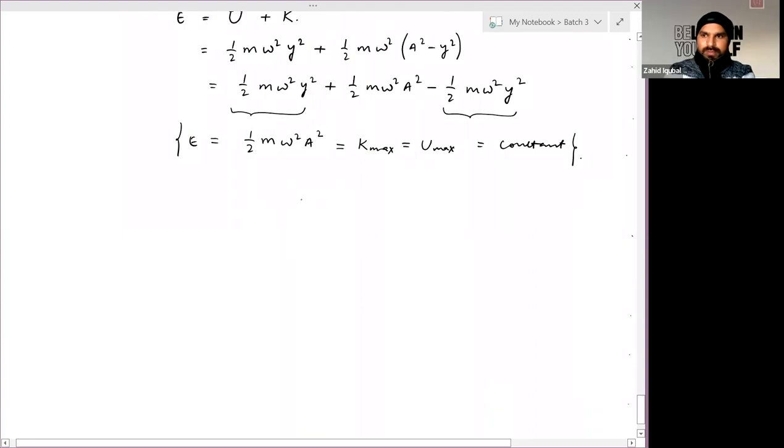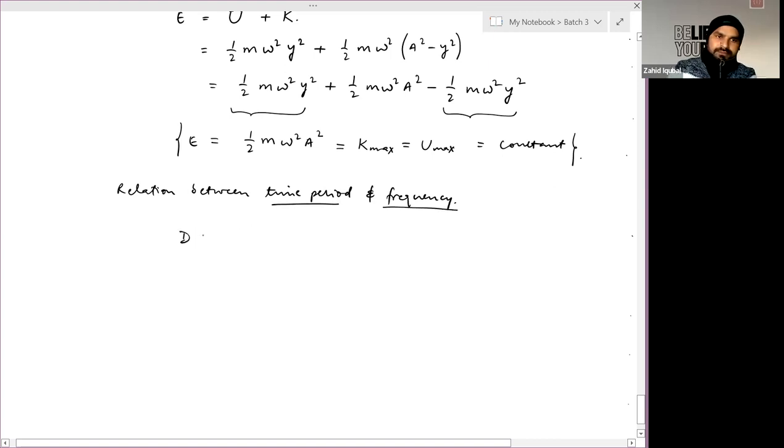Related to this part, we may define the relation of time period and frequency for different terms.